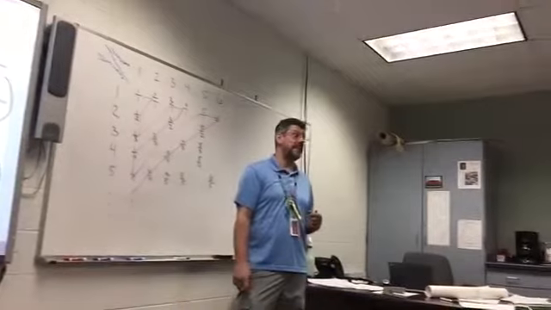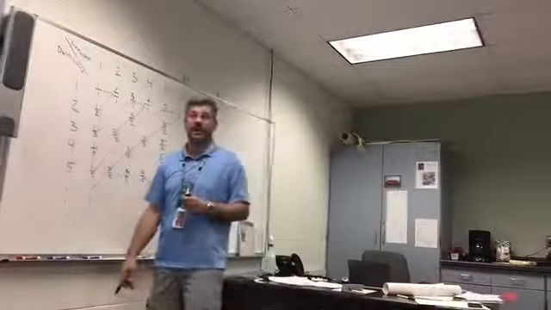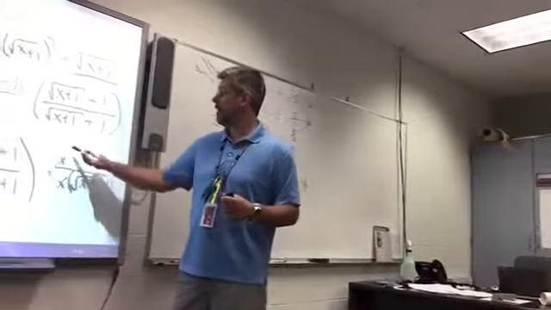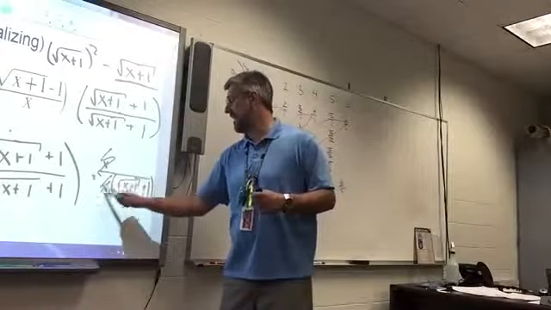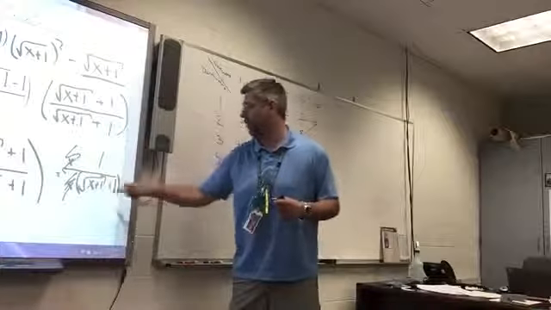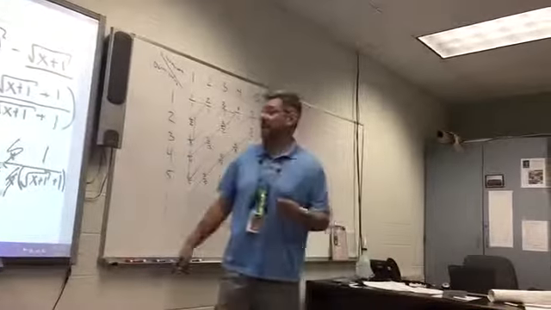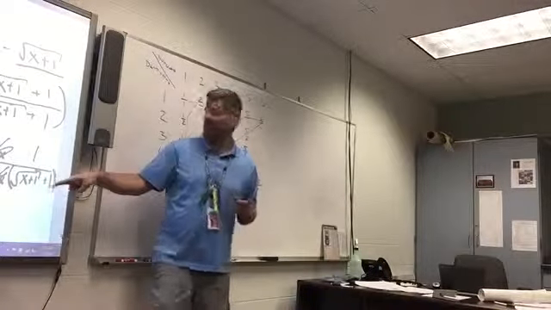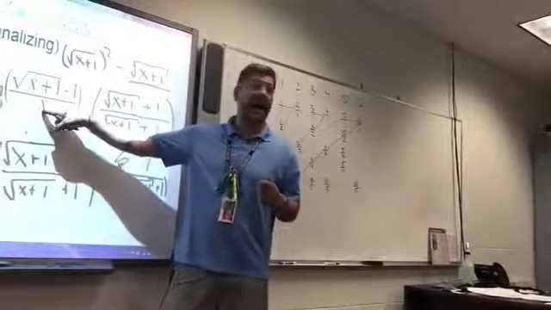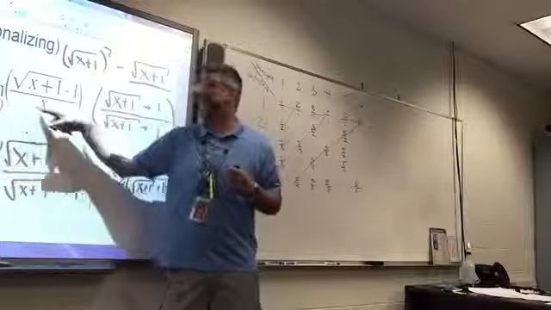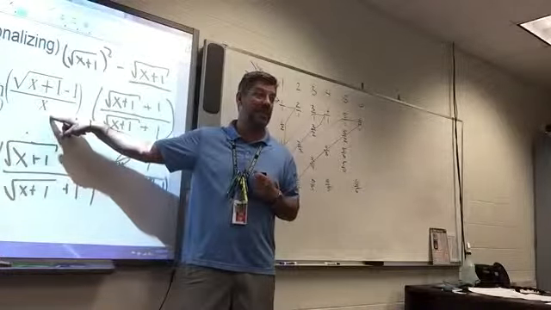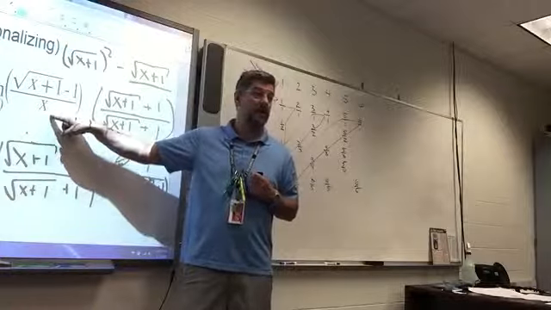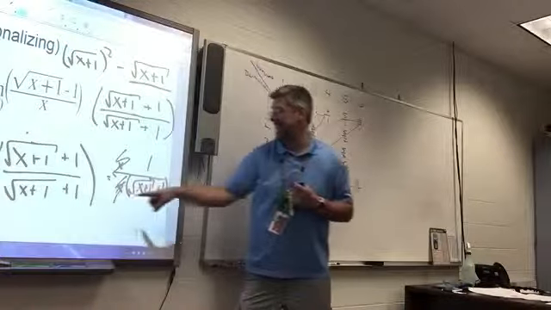And what happens in my fraction then? The x's cancel out, and I'm left with 1 over that hot mess, right? Now, here, I couldn't evaluate the limit as x approached 0 because I had 0 in my denominator. Can I evaluate it now?